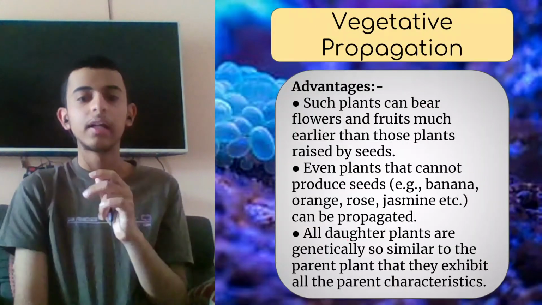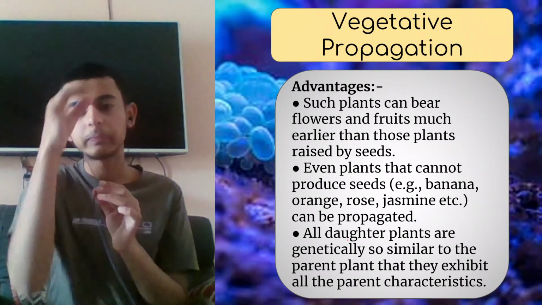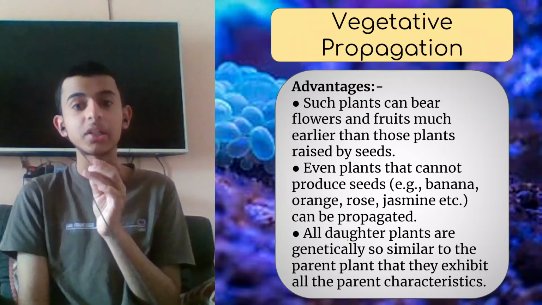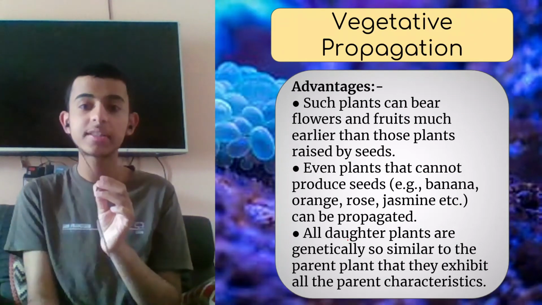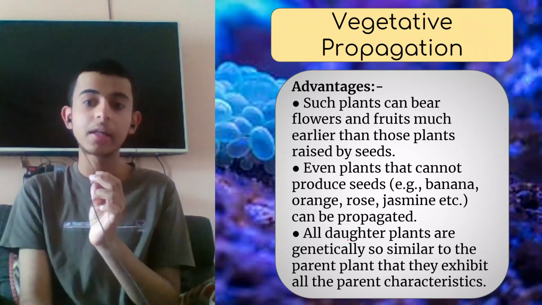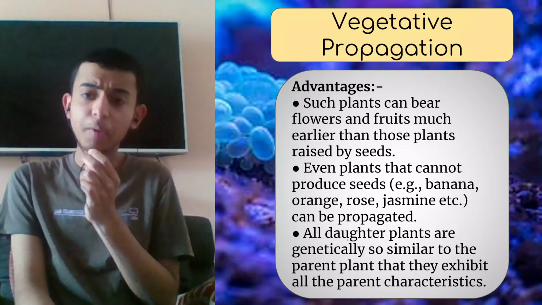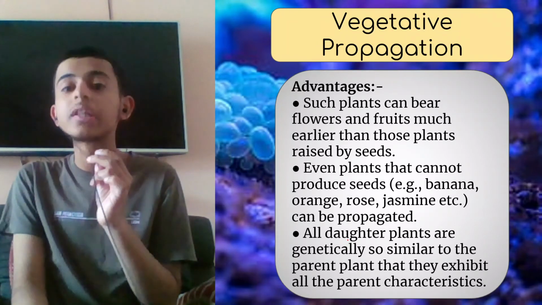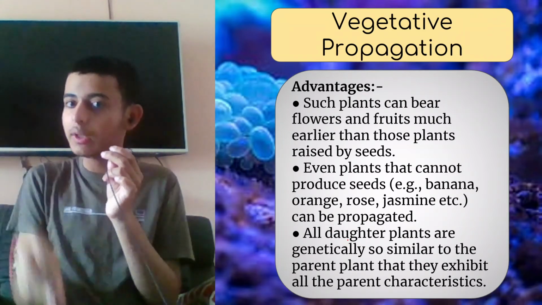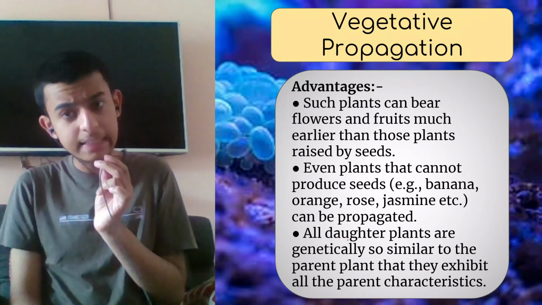Now, what are the advantages of vegetative propagation? Such plants can bear flowers and fruits much earlier than those plants raised by seeds. If you are growing a plant by seed, that will take more time for germinating and so on.